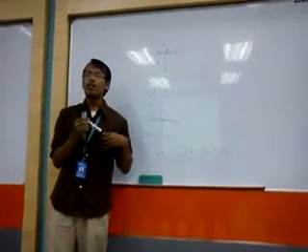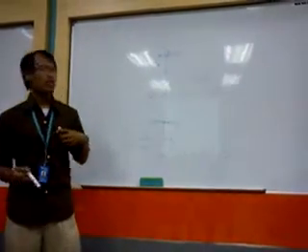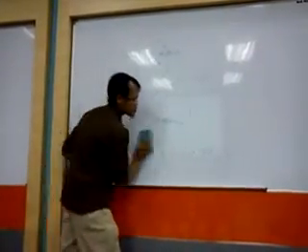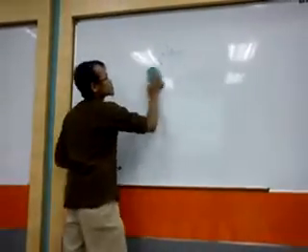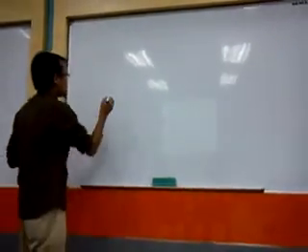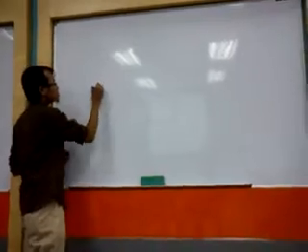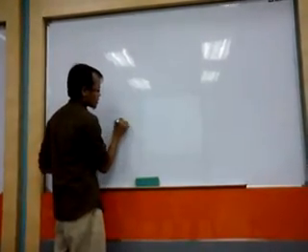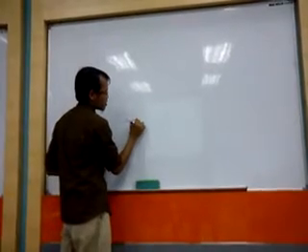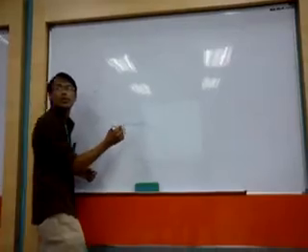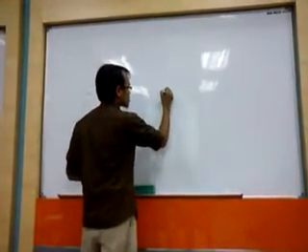The schematic of a basic steam power plant is shown like this. This is the pump, and this is the condenser. This is the pump, going to the turbine.